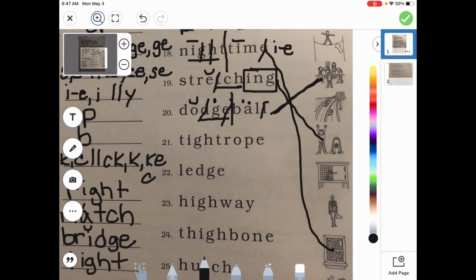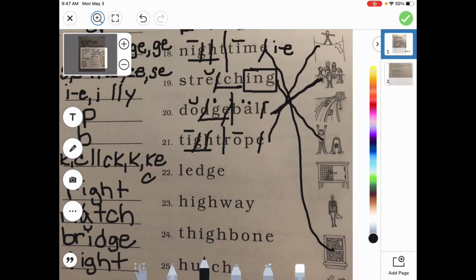Tightrope. How would I code that? Now make a line between tight and rope. Tight. It has trigraph, IGH, long I, sneaky G, sneaky H, and then rope. Long O, silent E. Tightrope. Very good. And it's up at the top.